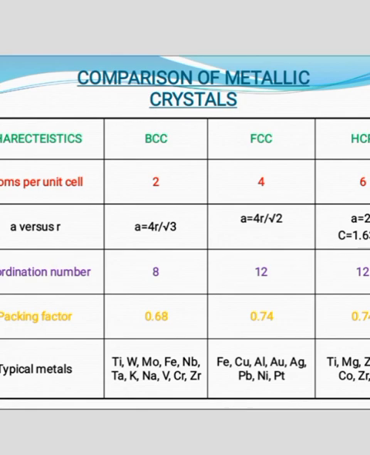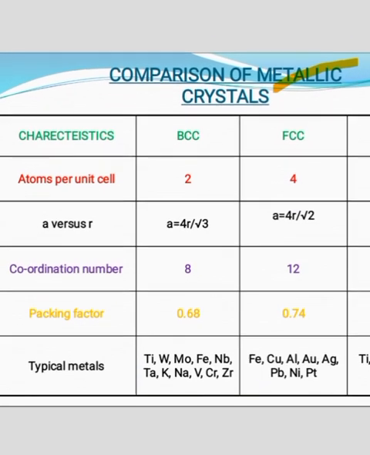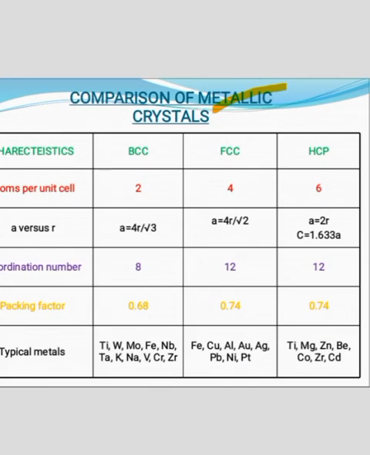So that's a comparison of metallic crystal characteristics. As you know, atoms per unit cell: body-centered cubic 2, face-centered 4, and HCP 6. So the HCP structure is more dense than the other two.